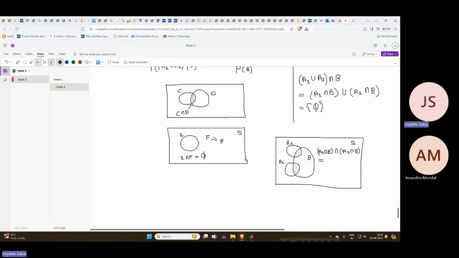then it is nothing, phi. And here it is writing, okay, it is union, no, it is intersection. Sorry, this is another thing we are writing.